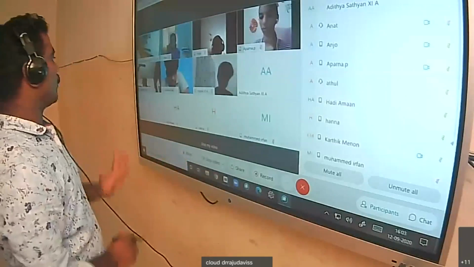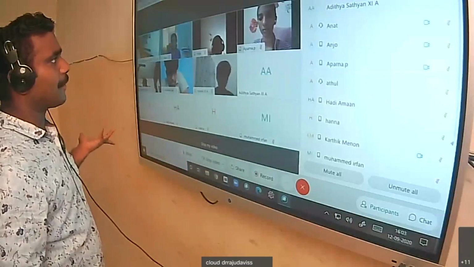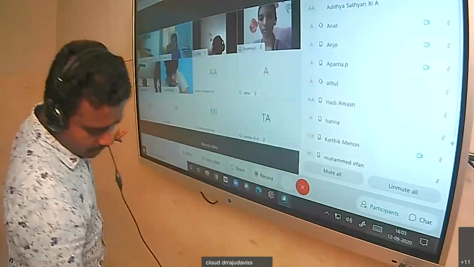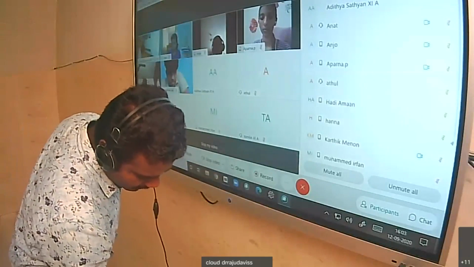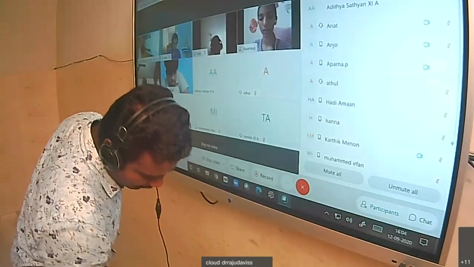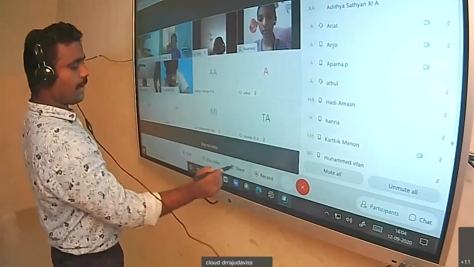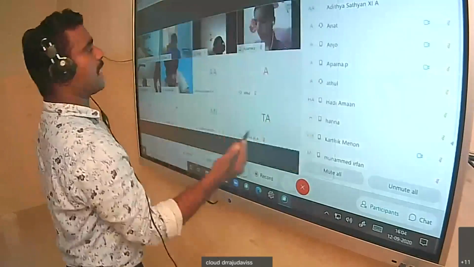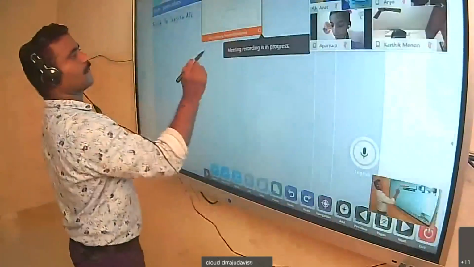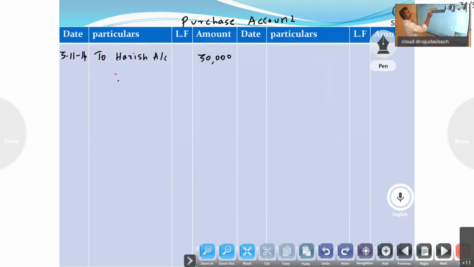So no other purchase? Aparna, Anat, any other purchase? No. So we will balance the purchase account. The debit side is more.